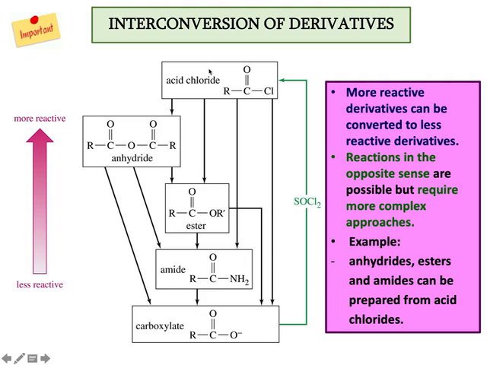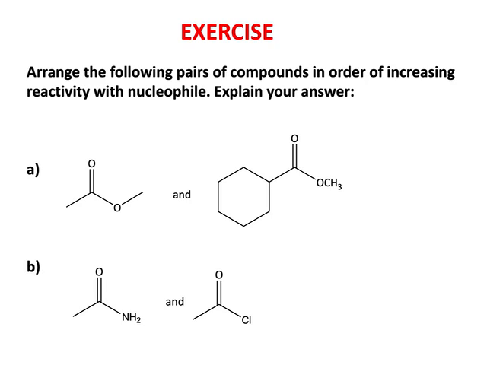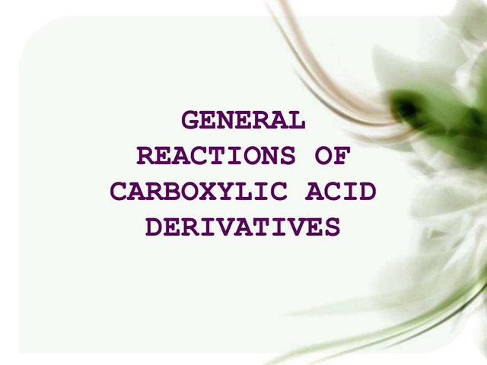Less reactive means the substituent is donating, so it is very difficult for the nucleophile to attack. Compared to this one, the nucleophile easily attacks the C double bond O because the substituent is electron withdrawing. Here is some exercise.